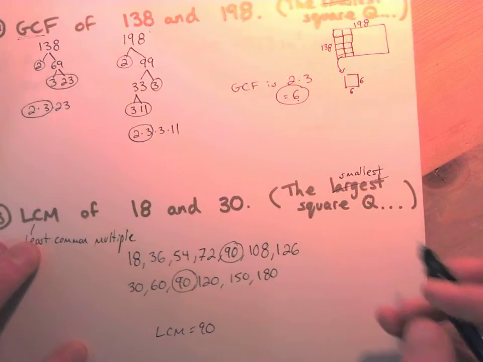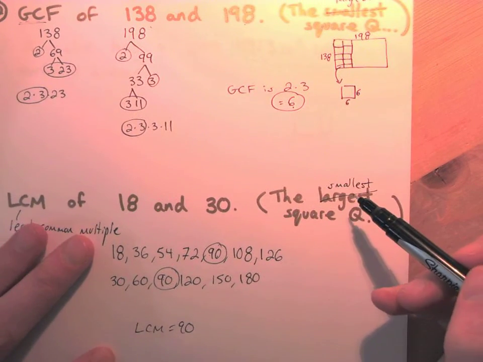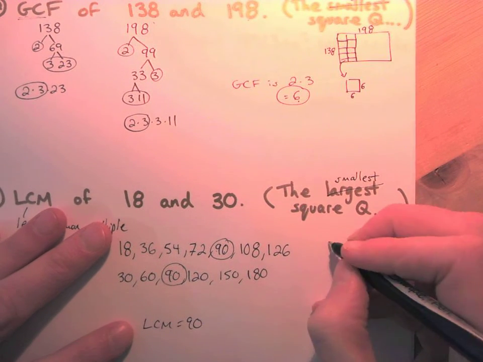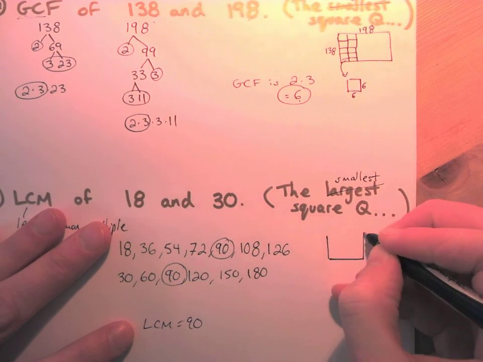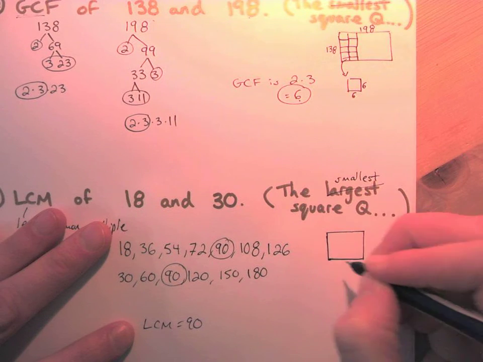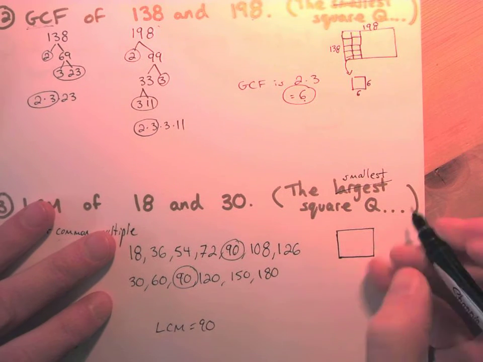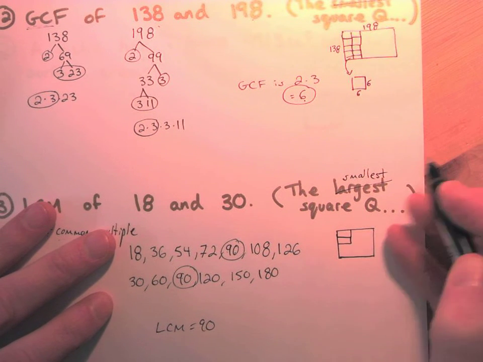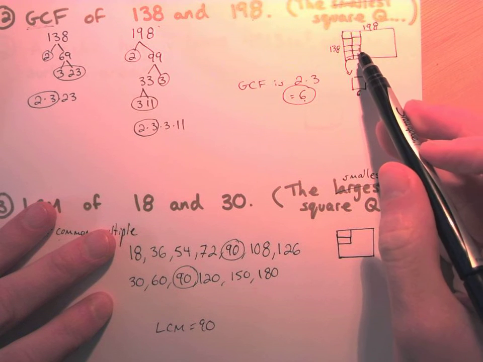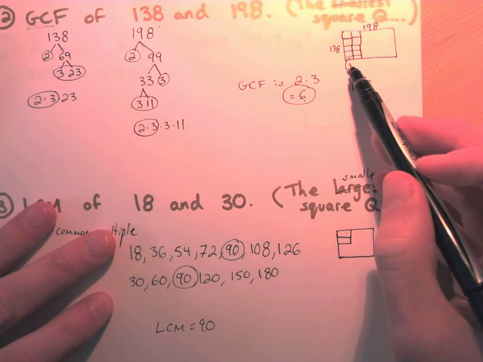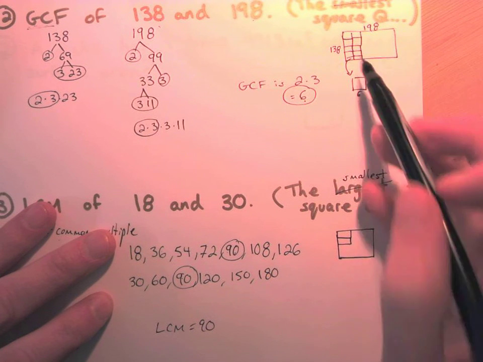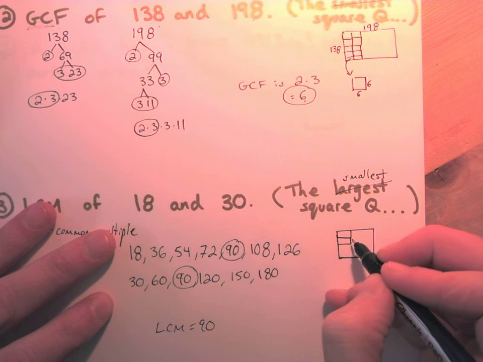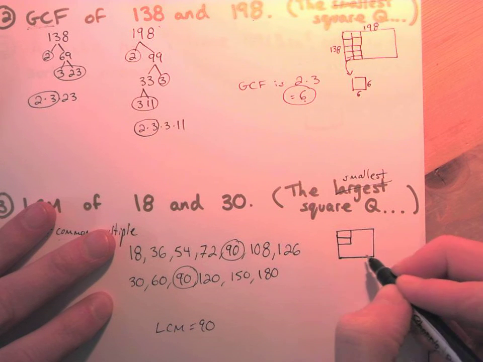And last of all, you get these questions where it says, what's the smallest square area that you could use to tile an 18 by 30 rectangular tile? Different than the last question, because the tiles were square in the last one and the area was rectangular. In this one, the tiles are rectangular and the area is square.